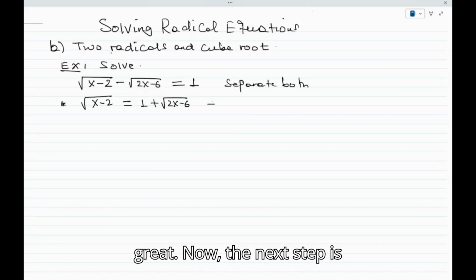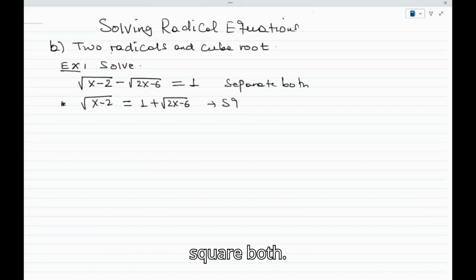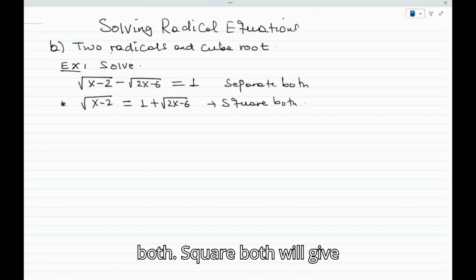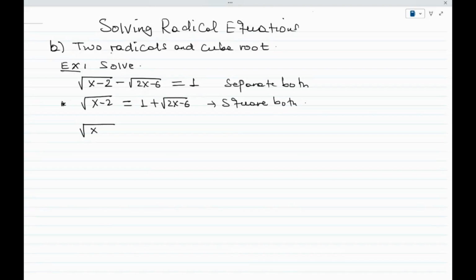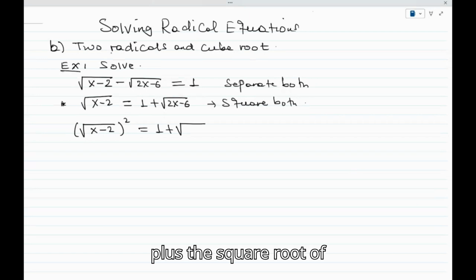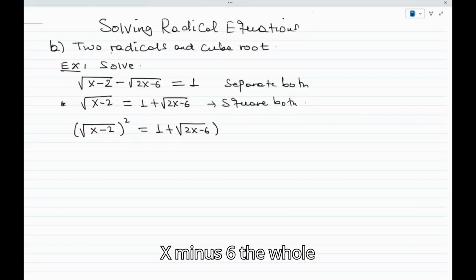Now the next step is square both. After separating both, I'm going to square both. Squaring both will give me the square root of x minus 2, the whole square, equals 1 plus the square root of 2x minus 6, the whole square.